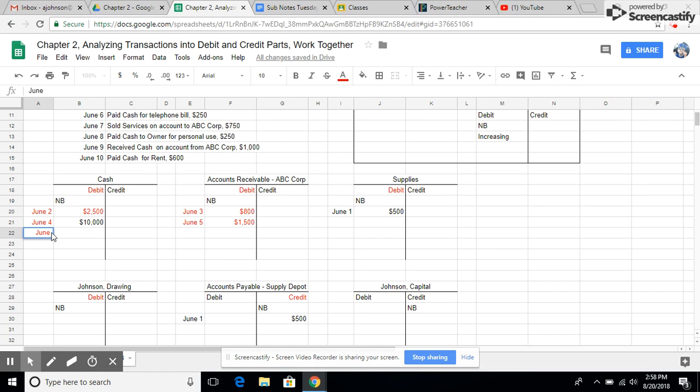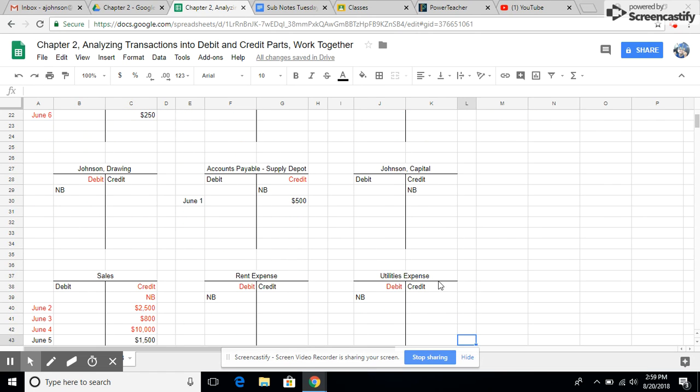So June 6th, and if we're paying cash, it means our cash is decreasing, so that's going to go on the credit side. And then telephone bill is a utilities expense. So we are going to go down here to utilities expense. We've got June 6th. And utilities expense is increasing, and expenses increase on the debit side. So we're going to put that $250 here on the debit side.